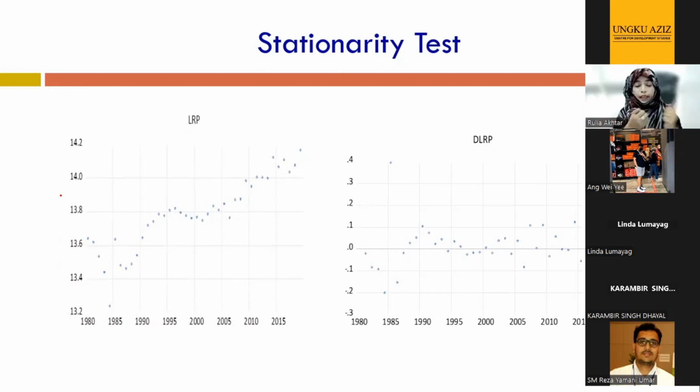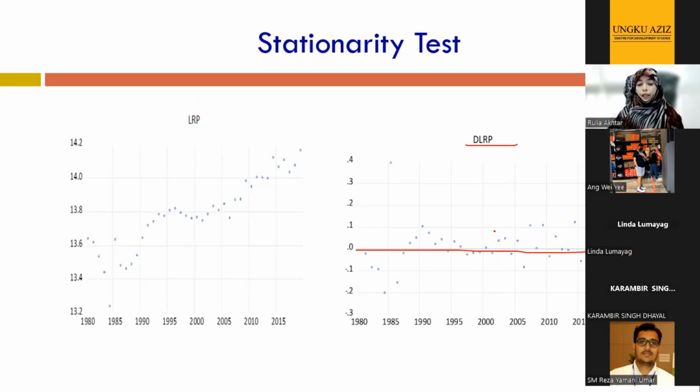How do we make it stationary? One way is differencing. We just difference the data set. When we difference it, you see the data is very close to the mean value, before difference and after difference.